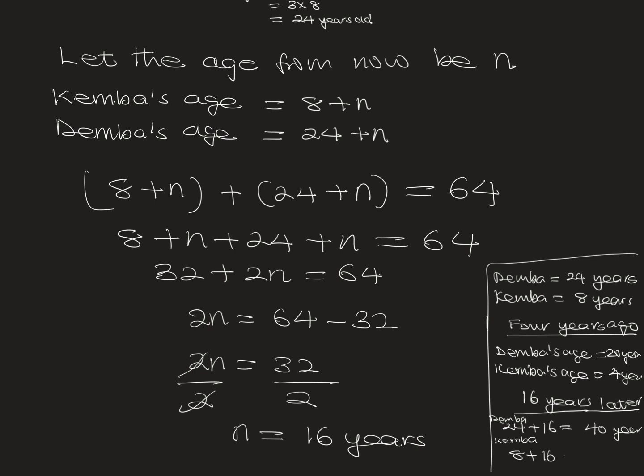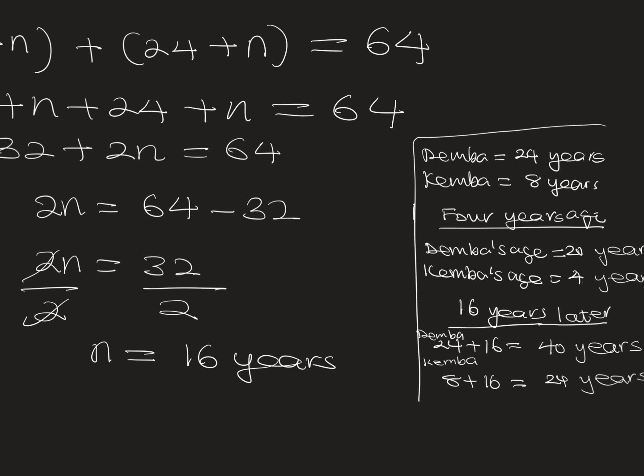So 16 years from now, 8 plus 16 will give you 24 years. If you add 40 and 24, then you will have 64 years. So which means we have answered the question correctly.